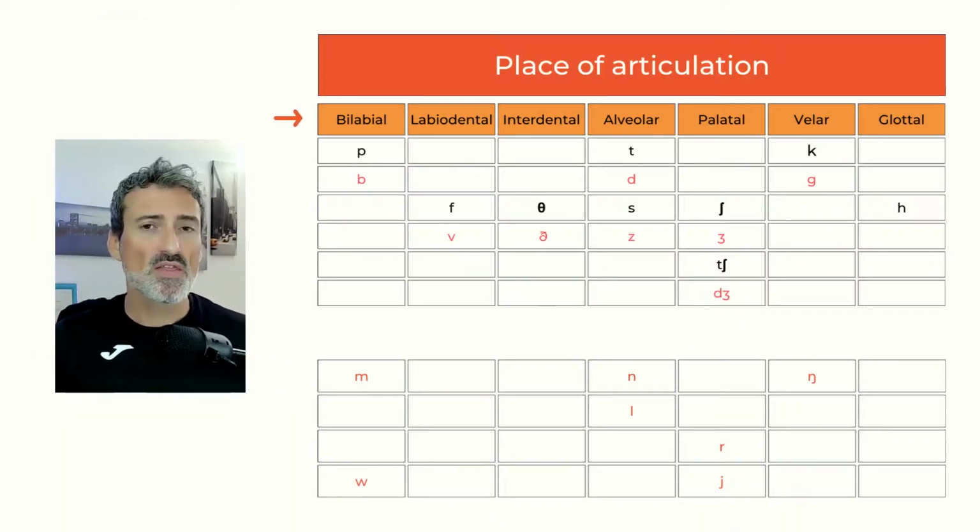As you can see, there are 7 different kinds of consonants: labial, labiodental, interdental, alveolar, palatal, velar, and glottal consonants, 7 of them. And they are called like this because of the place where they are produced and the organs that intervene in their production.